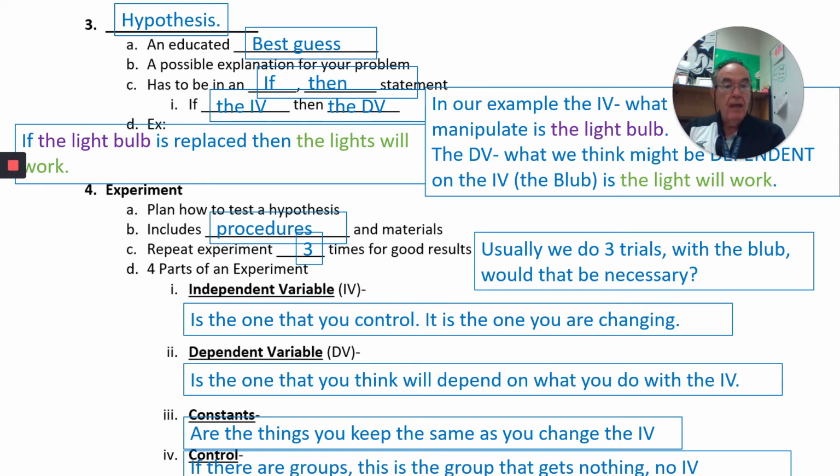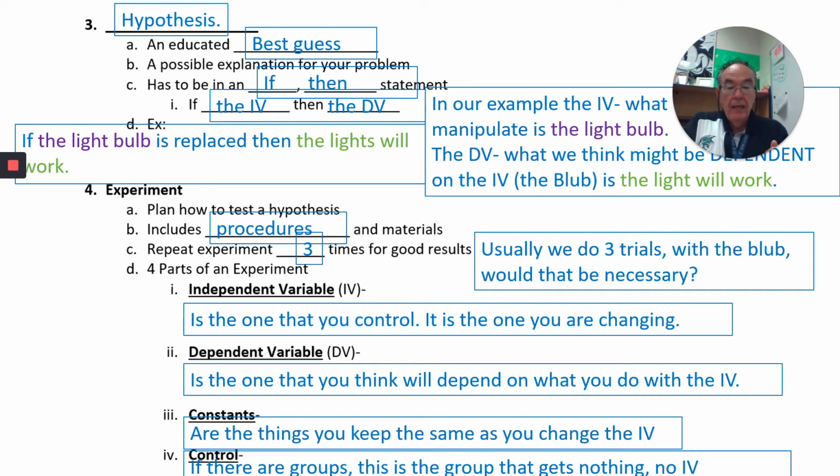Another constant would be the kind of soil that they're growing in, the amount of light they get, the amount of water they get, and the temperature that we grow the plants at. All those things would have to stay the same between the groups. We're going to have one group of plants that gets no fertilizer, a group of plants that gets just a little bit, and then we're going to give another group some more, and then another group yet some more fertilizer.